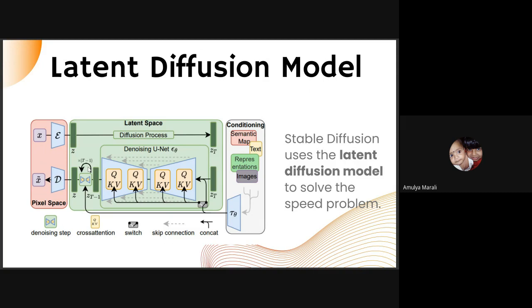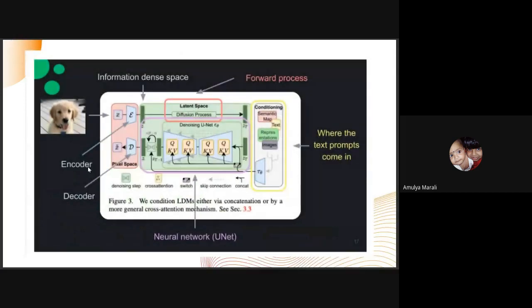So now let's try to understand what these terms say, what these different blocks are, and how text comes into the picture. As I explained before, X is the initial image, is the encoder, and Z is the dense space information.